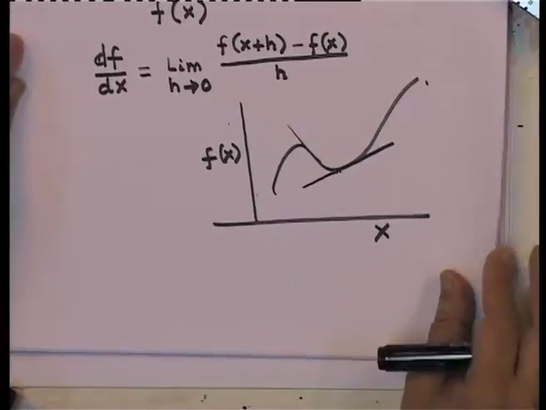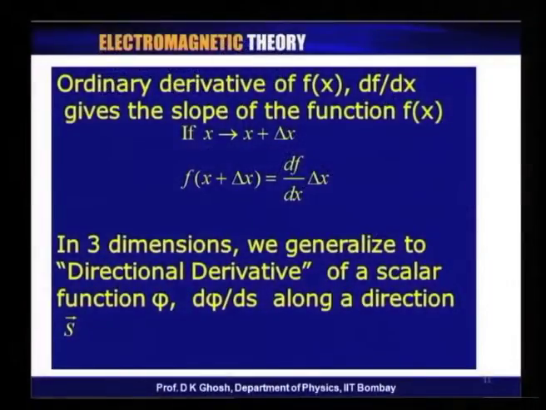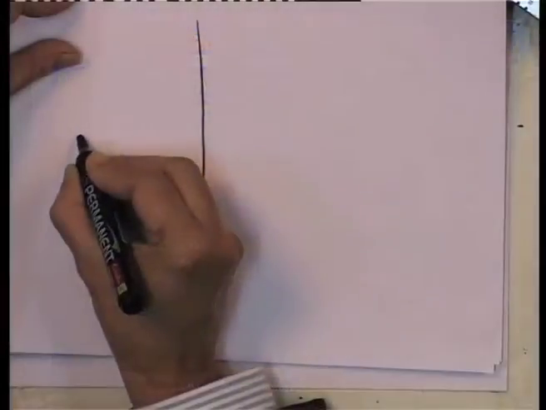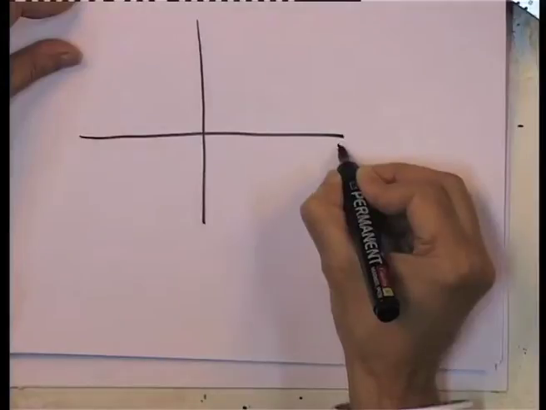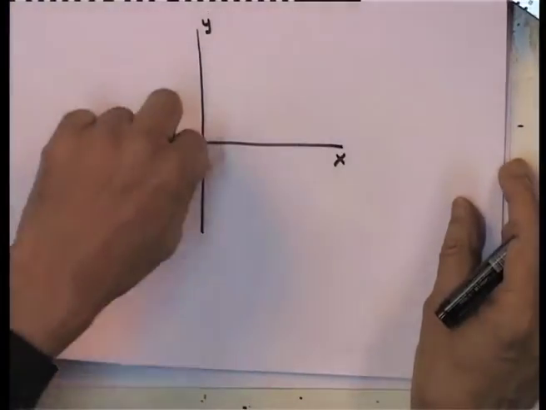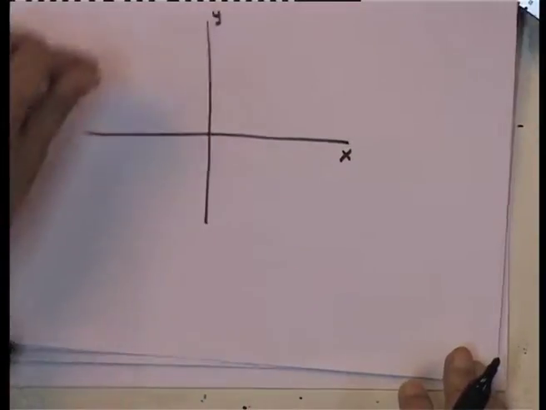Now, if I want to extend this concept to higher dimension, let me try to extend it to 2 dimensions first. Now, I obviously can't draw the function in 2 dimensions. The reason is I need x and y, and if at all I am going to draw the function, it has to be along the z axis, which I do not have, but let us not worry about it right now.